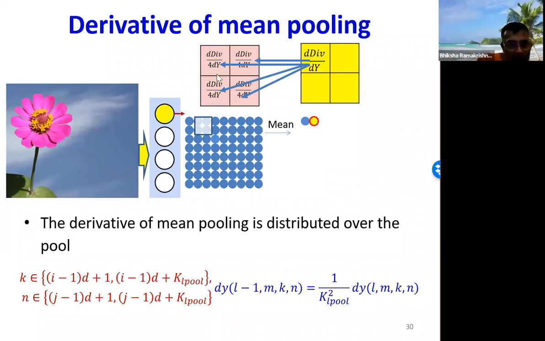Again, this one is the window from the pre-pooled layer, and this is the pooled output. So the derivative here is going to be uniformly distributed over these 4 terms. In general, if the pooling window is k cross k, this derivative is going to be divided by k squared and distributed uniformly over all k squared terms.